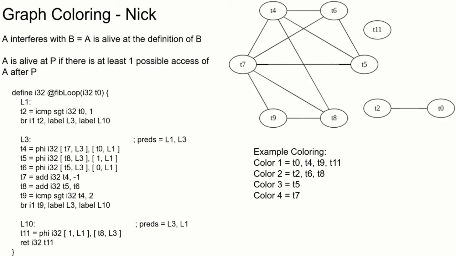Now this is, again, a possible coloring, so a compiler may reorder these with a different value. Additionally, a compiler could just assign each temporary its own register. So there are multiple solutions to this, and this one example isn't necessarily the best example.